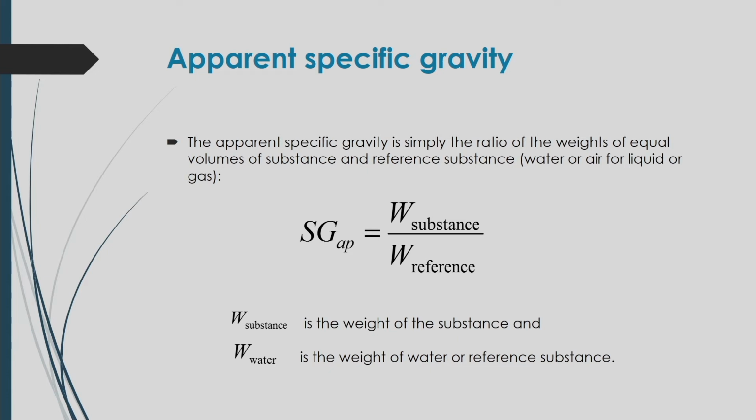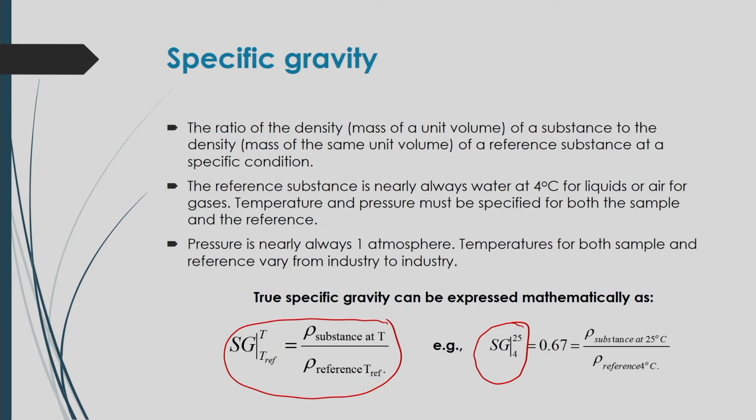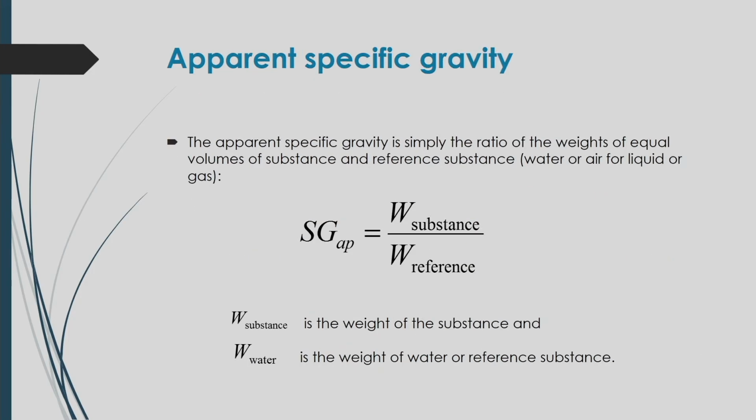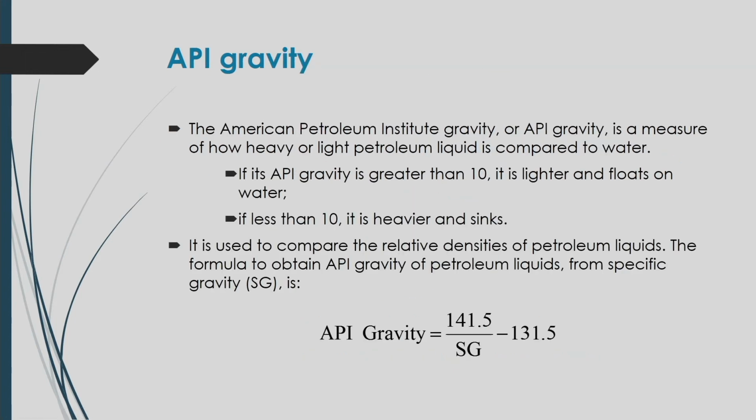Whereas true specific gravity is based on density, apparent specific gravity is based on the weight of the substance at a particular temperature upon the weight of the reference substance, and this ratio is called apparent specific gravity.